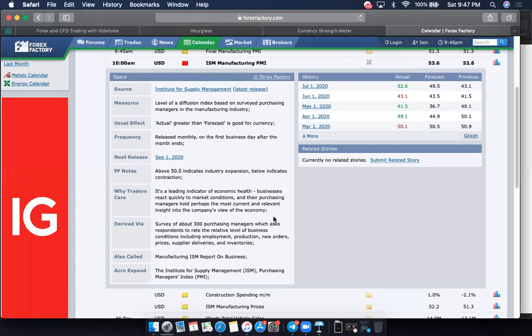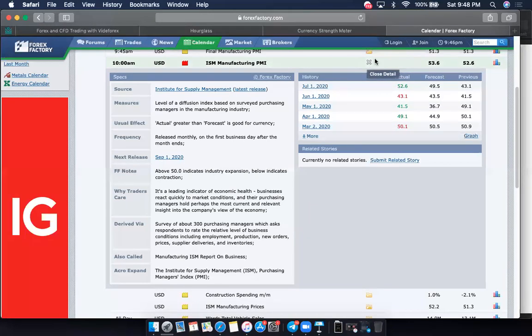Businesses react quickly to market conditions, and their purchasing managers hold perhaps the most current and relevant insight into the company's view of the economy. I have no idea what that means. But what I want to know is if it's a red folder. If it's a red folder, I'm staying away. I'm not trading the US dollar around that time. And give it about 2 hours.